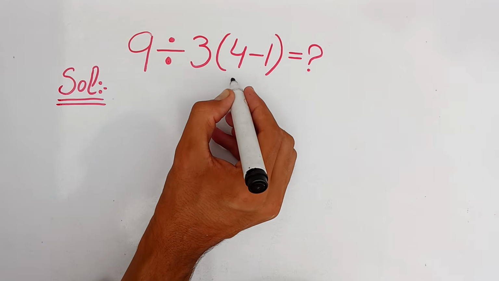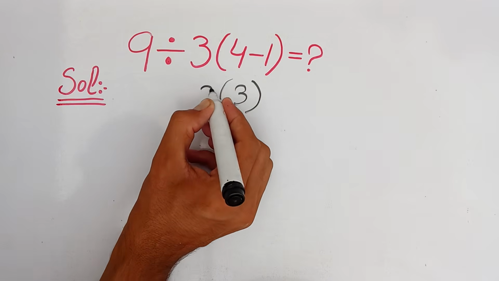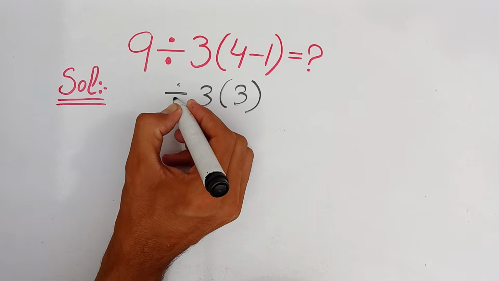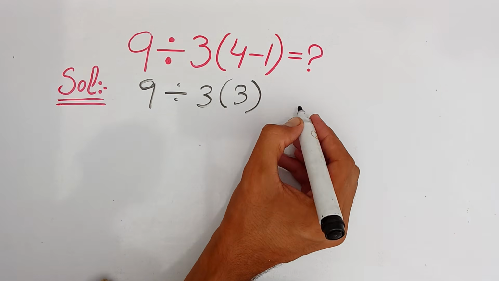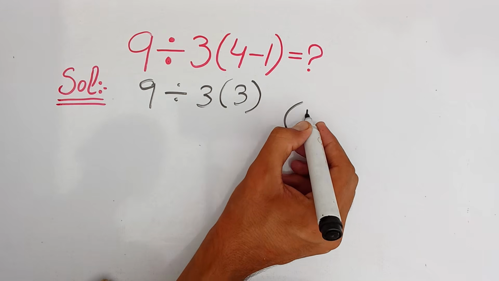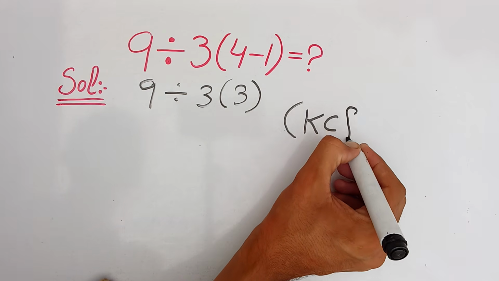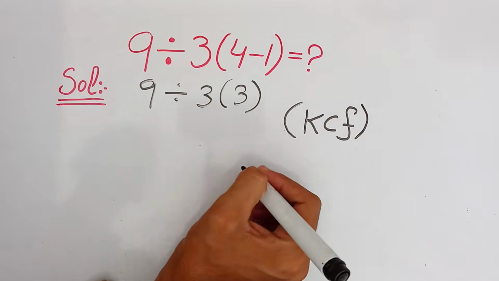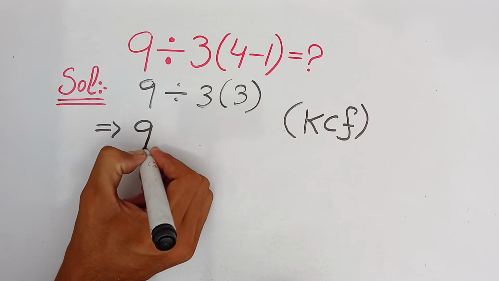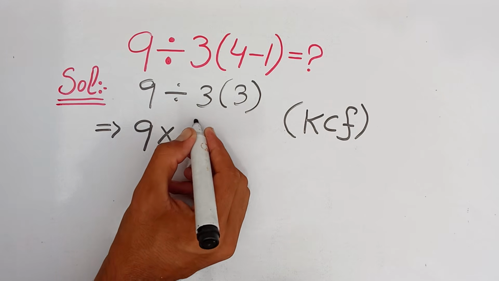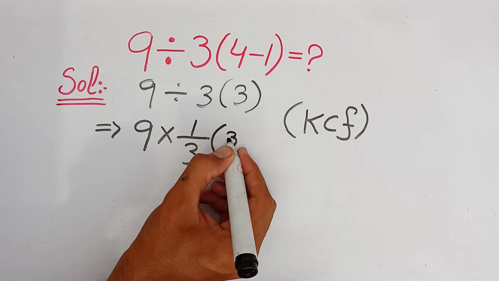So 4 minus 1 is equal to 3, and 3 times 3 divided by 9. Okay student, we should all know about KCF, where K stands for keep, C stands for change and F stands for flip. So we can write it as 9 multiplied by 1 divided by 3 times 3.